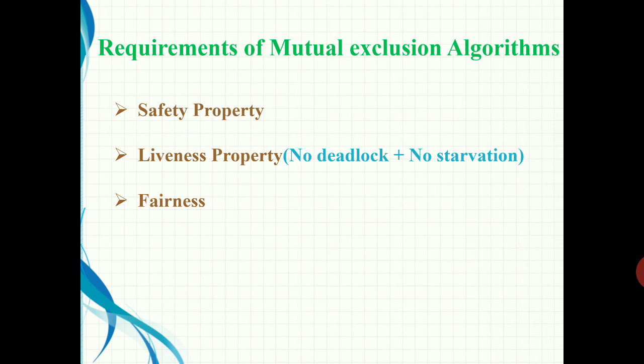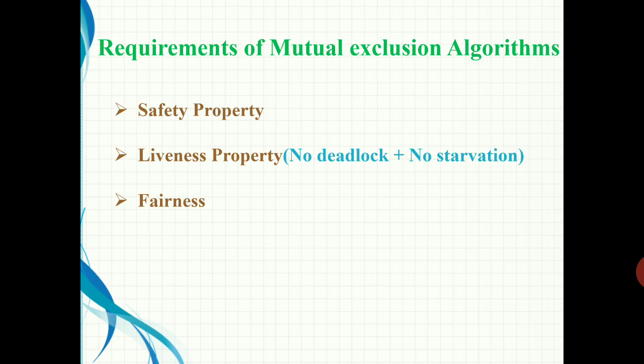The second requirement for a mutual exclusion algorithm is the liveness property, which depends on two parameters, that is deadlock and starvation. If this particular mutual exclusion algorithm has no deadlock and no starvation, then we can say that the algorithm satisfies the liveness property.